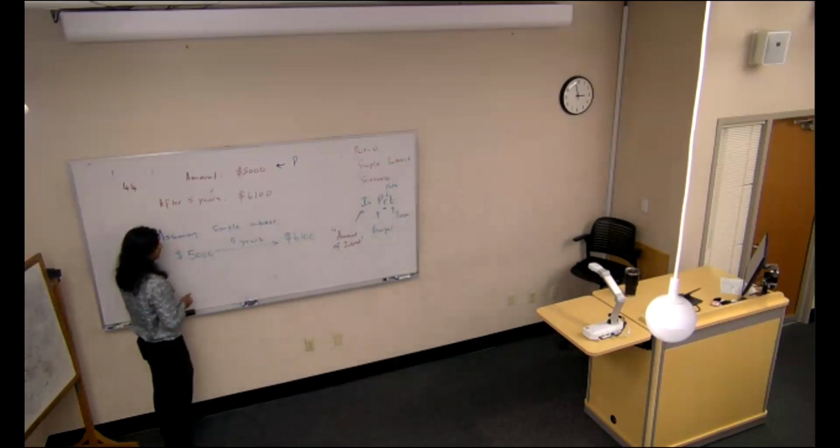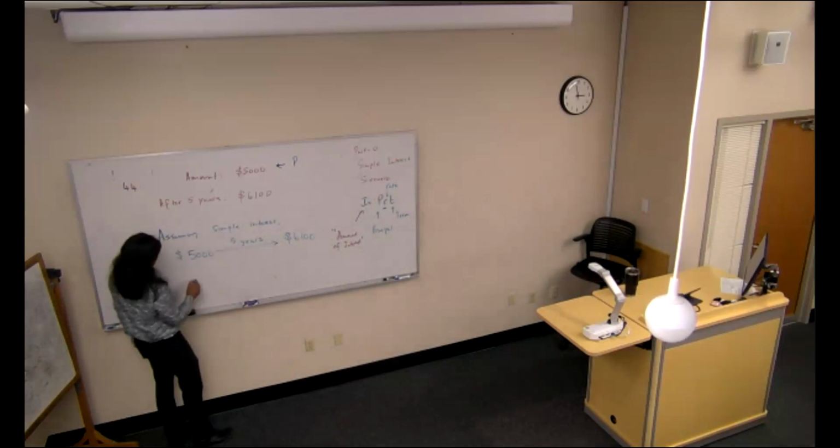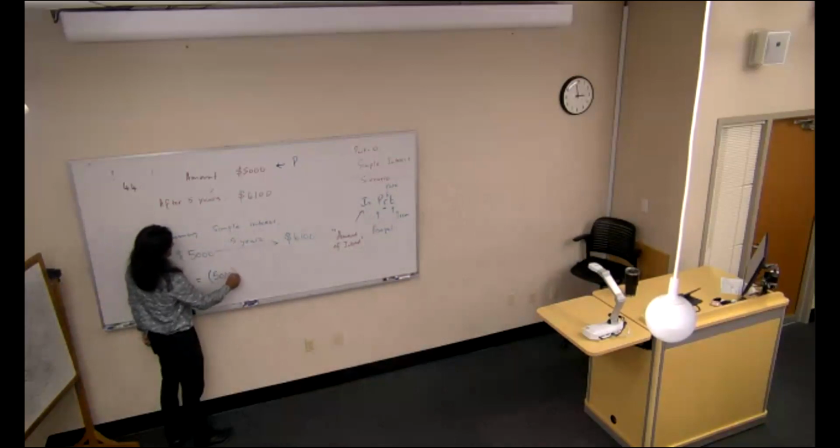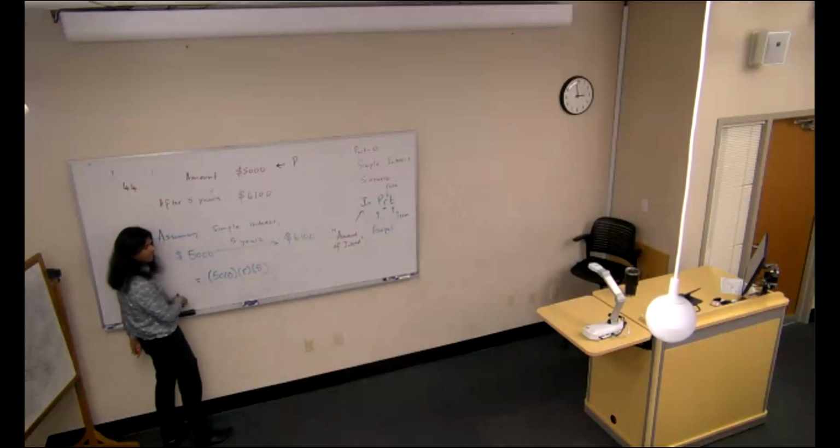So at time 0, you had 5,000. Sometime later, you get 1,100. So in that formula, principal 5,000, rate, time, 5 years, should that amount be 6,100 or 1,100?